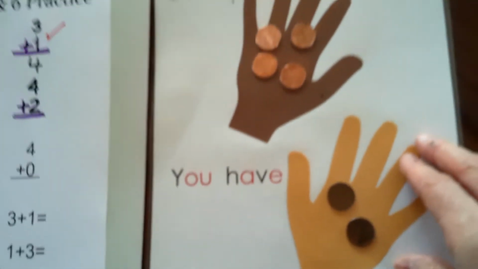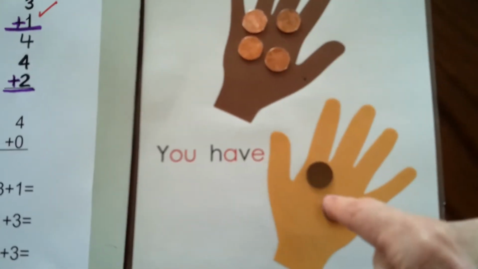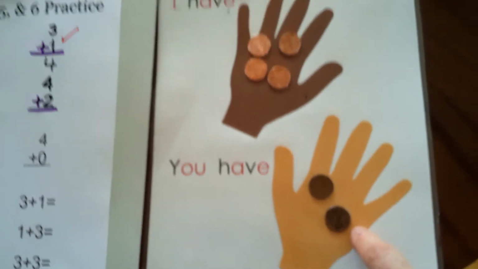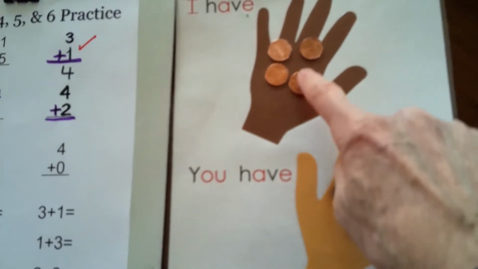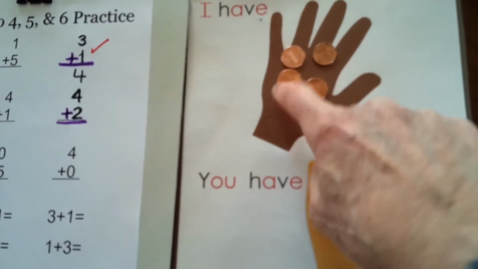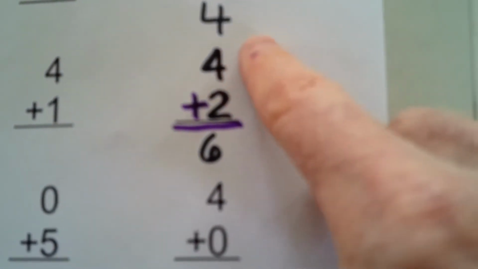And then I'm putting 2 pennies at the bottom hand. 4 plus 2. 1, 2, 3, 4, 5, 6. I got 6. Let's check. Let's write that numeral over here. 4 plus 2 equals 6. Let's read it. 4 plus 2 equals 6. And put a teacher red check right there.